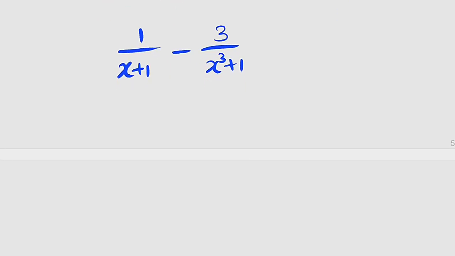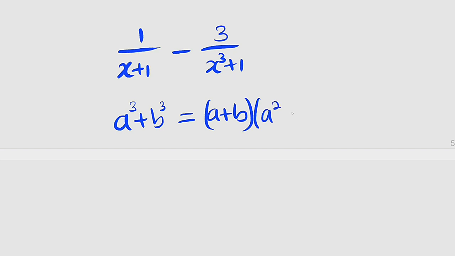You should remember that a to the power of 3 plus b to the power of 3 is the same thing as a plus b, multiplied by a squared minus ab plus b squared. So let us apply the same thing to factorize this.